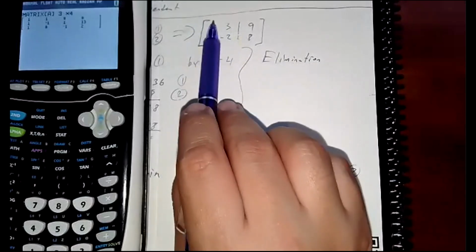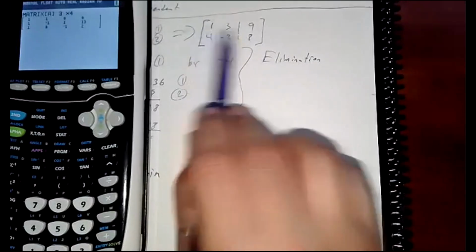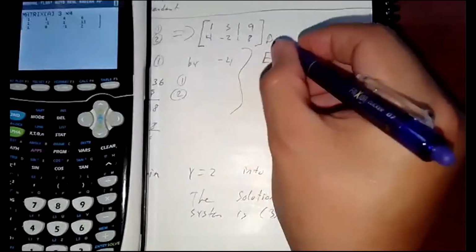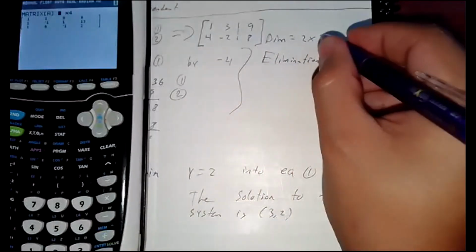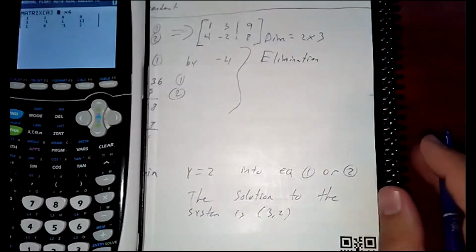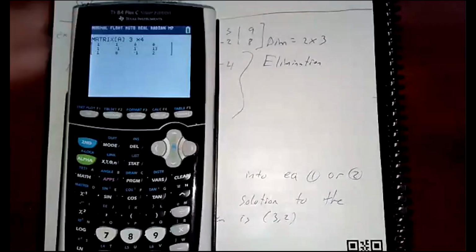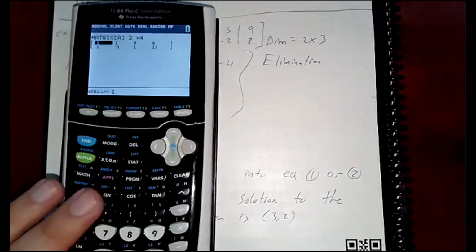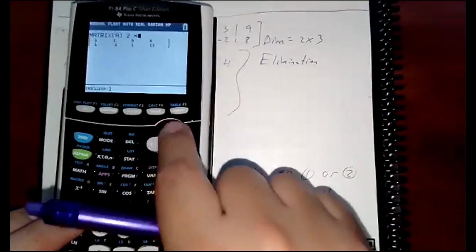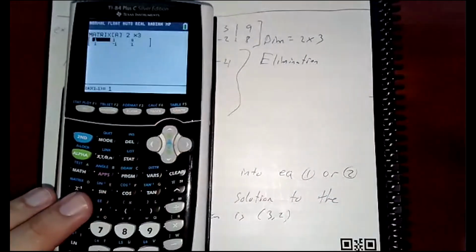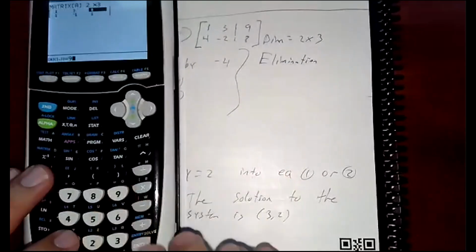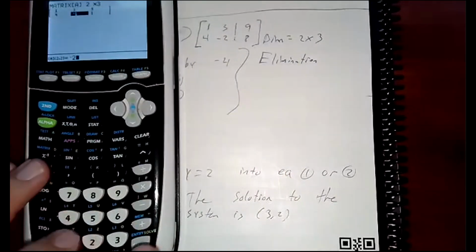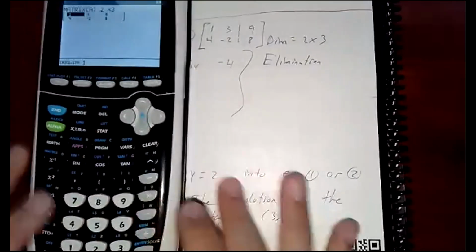So that's going to be 2 rows, 3 columns. The dimension is 2 by 3. So in here, you put 2, 3. So 1, 3, 9, 4, negative 2, 8. So put it in there.